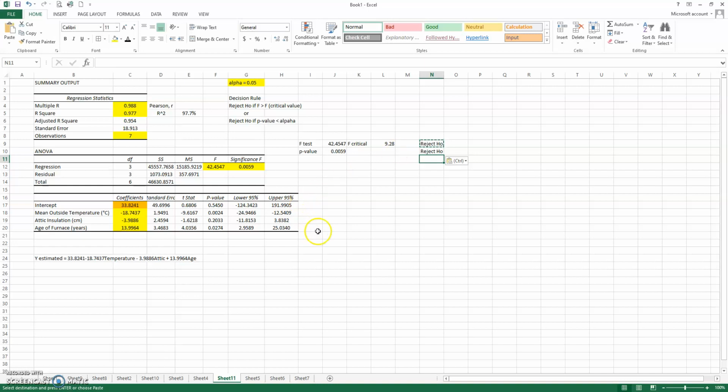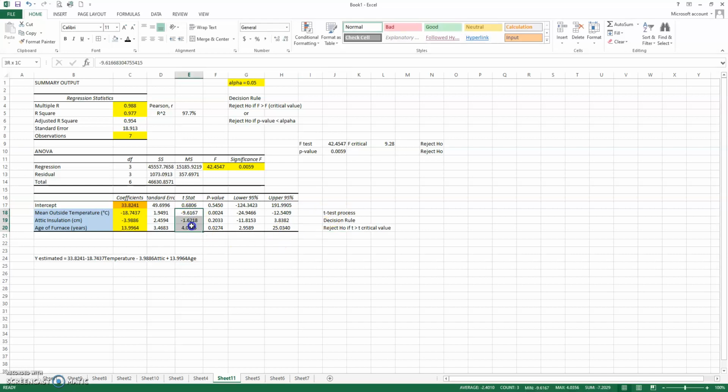The next step we can do is test the three independent variables to see if they by themselves are significant or not. So the decision rule, this is a t-test process. The decision rule will be to reject the null hypotheses if the test statistic is greater than the critical value.